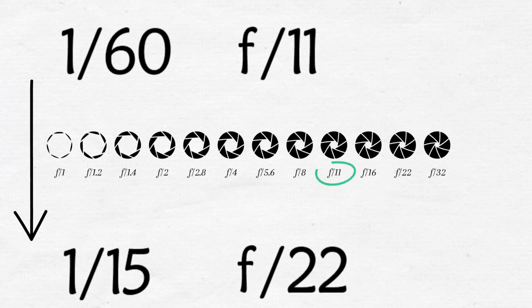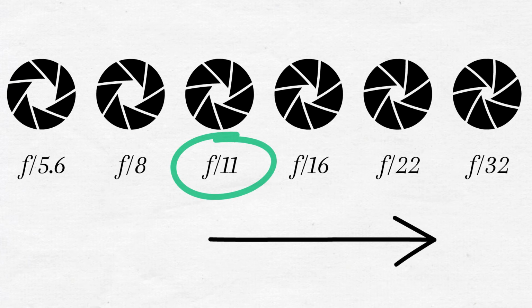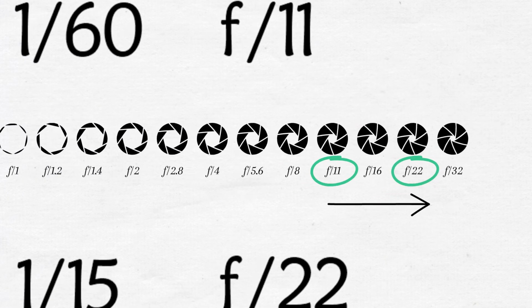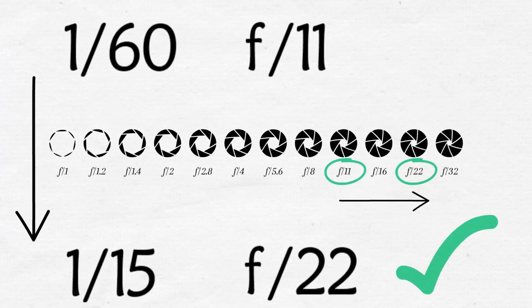What is the next smaller opening from f11? Look at your tables, look at what you have written. After f11, the next smaller aperture is f16. There you have 1 stop. I need 2 stops. Okay. So, f16, the next smaller aperture is f22. So, 1/15 and f22 will be my right answer.